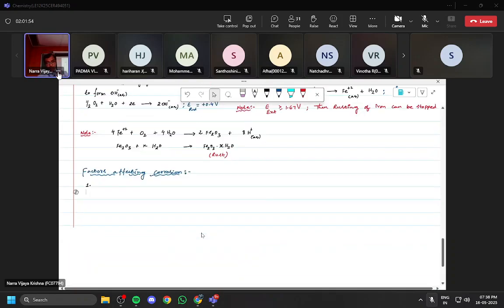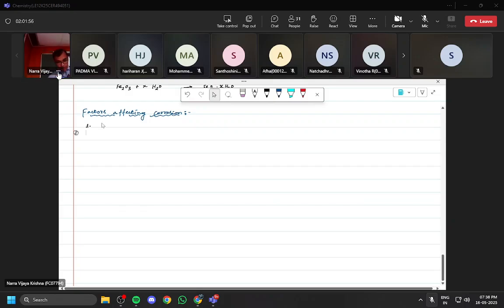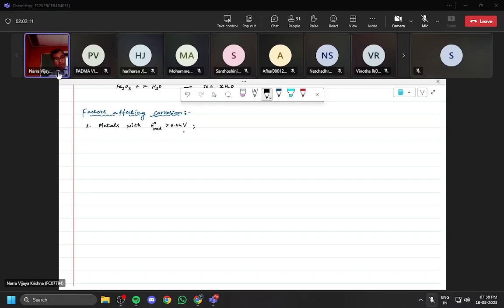Clear? So metals with oxidation potential greater than 0.44 volts, with E naught greater than 0.44, will act as sacrificing metals.